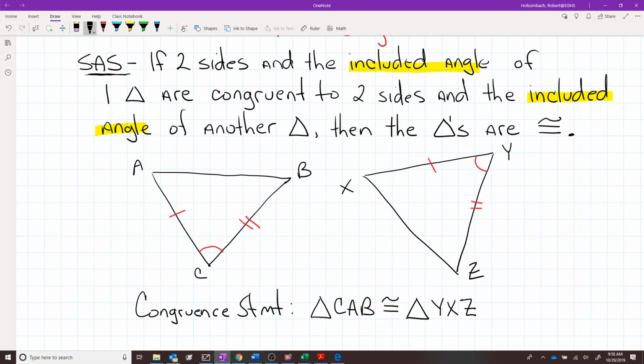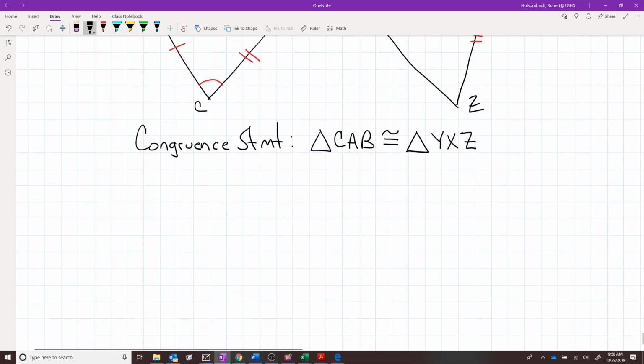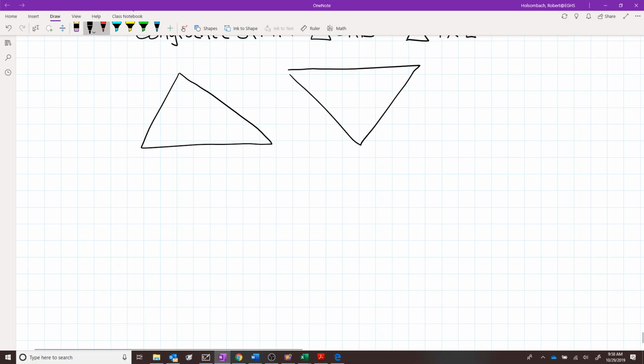Let me show you an example. Don't write this down, just look at it for a second. If you're given this triangle on the left and another triangle here on the right, and you get this information, let me label these ABC over here.